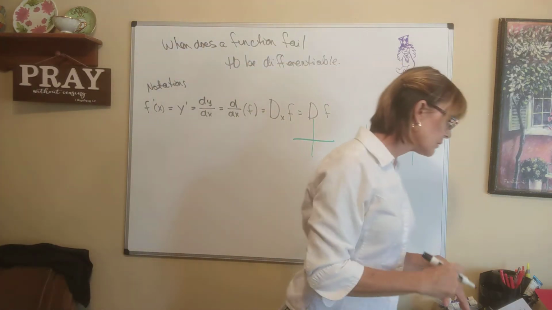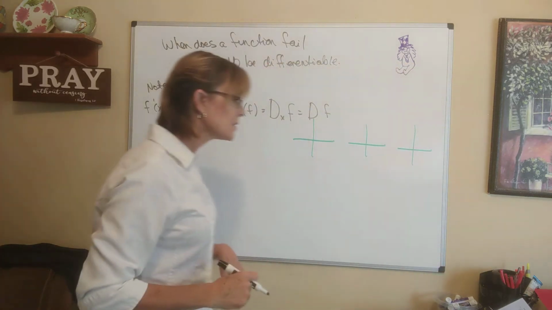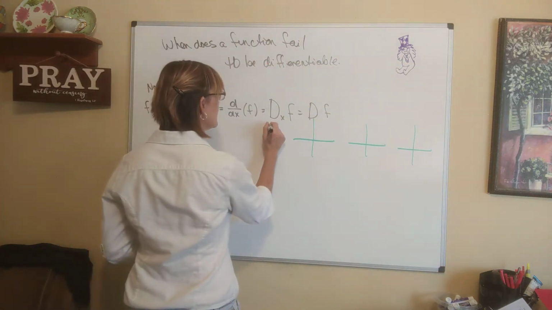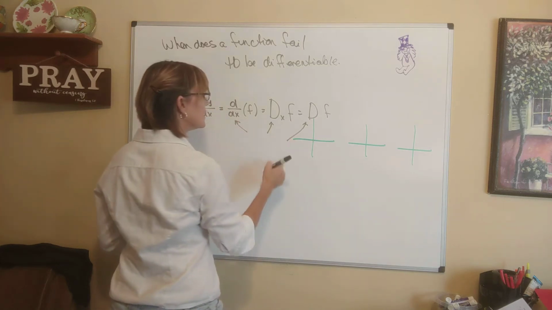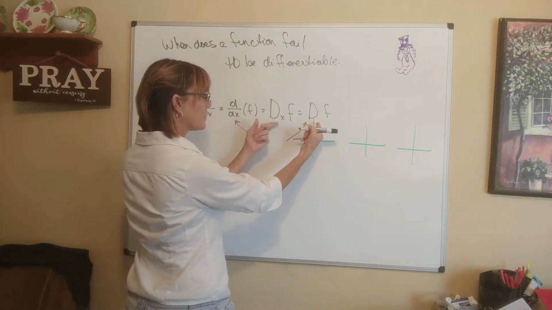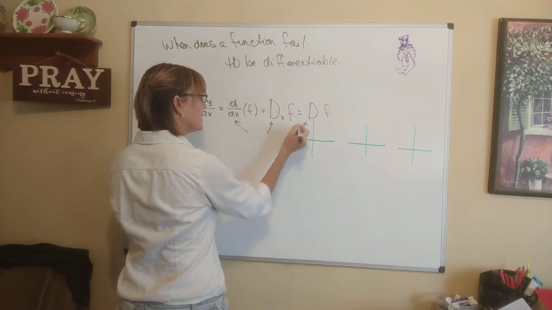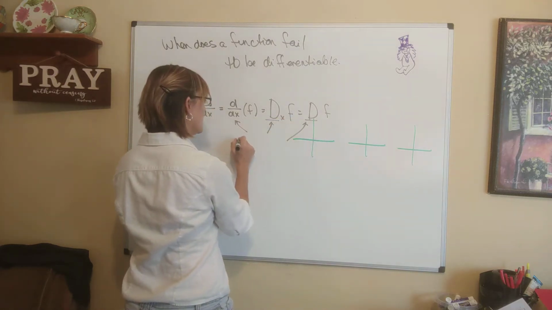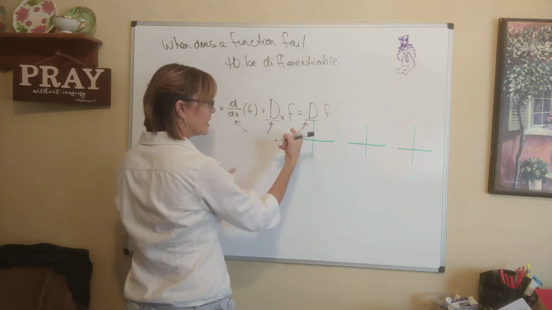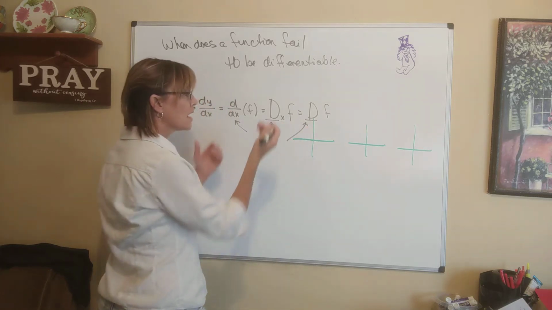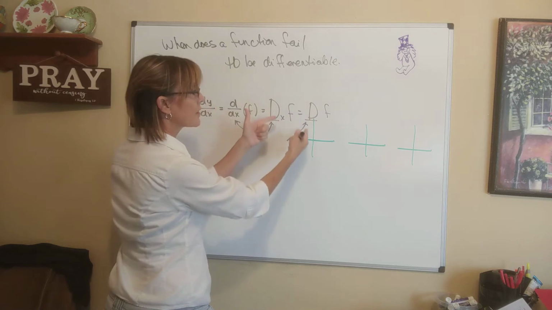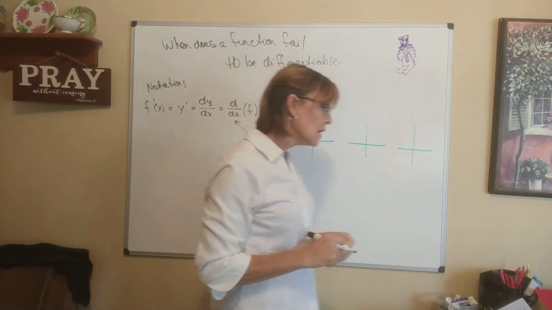If you come across those, don't be confused. These are called, this big D and this d/dx, are understood to be an operator, and it means it's a differentiator, because the operation that it's saying is to take the derivative of. So that's what those mean.